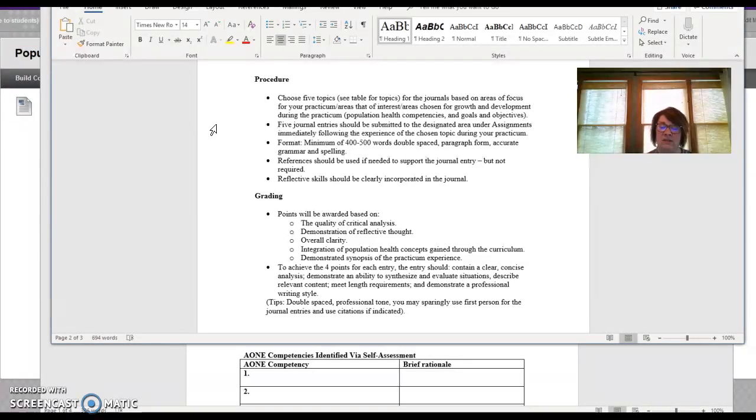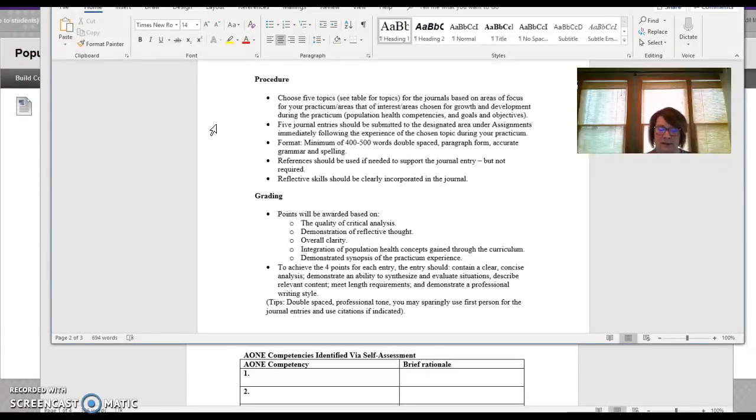You're really demonstrating an overall assimilation of population health in experience. Your journals need to show that you're providing a synopsis of that particular topic as you've experienced it in your practicum.